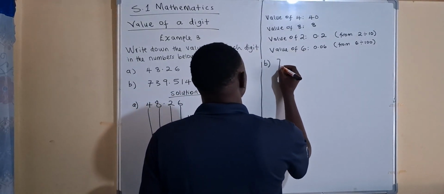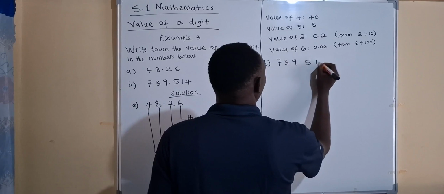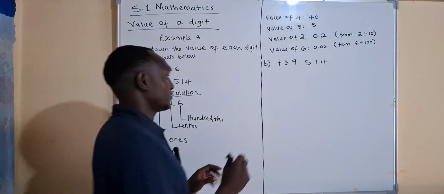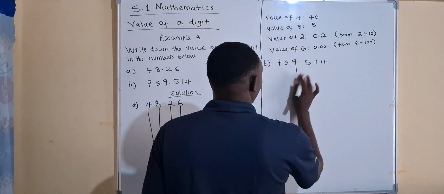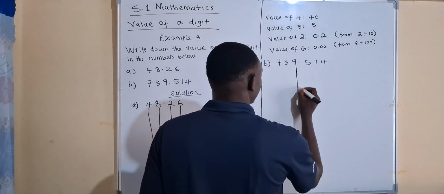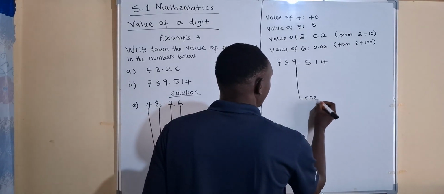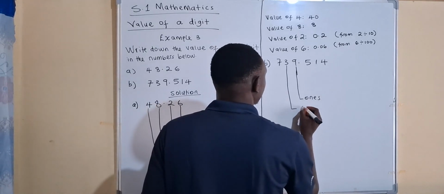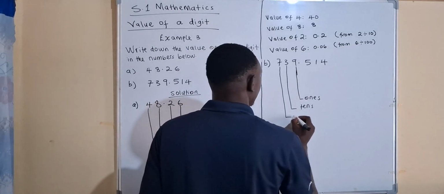Part B is 739.514. And let's give the place values much quicker. Place value for 9 is ones. We are starting with the whole number part. The place value for 3 is tens. And the place value for 7 is hundreds.